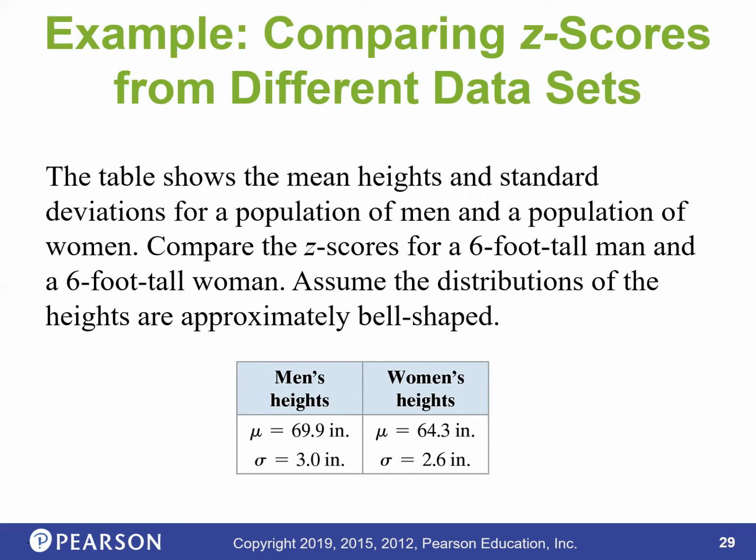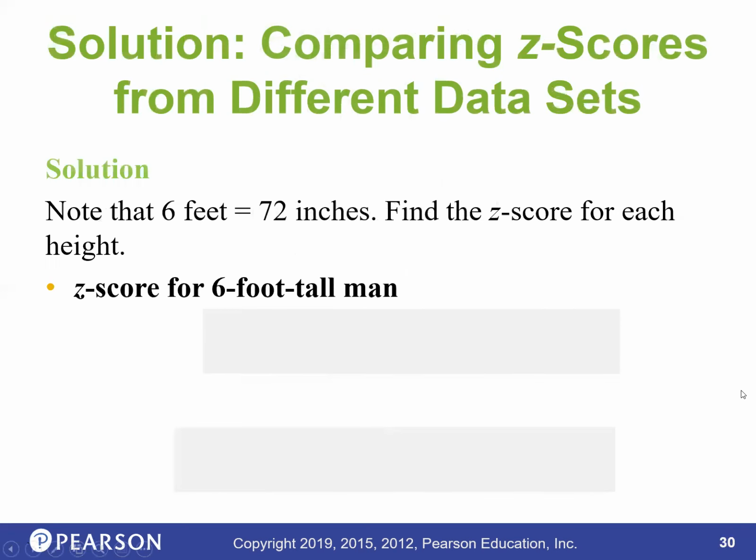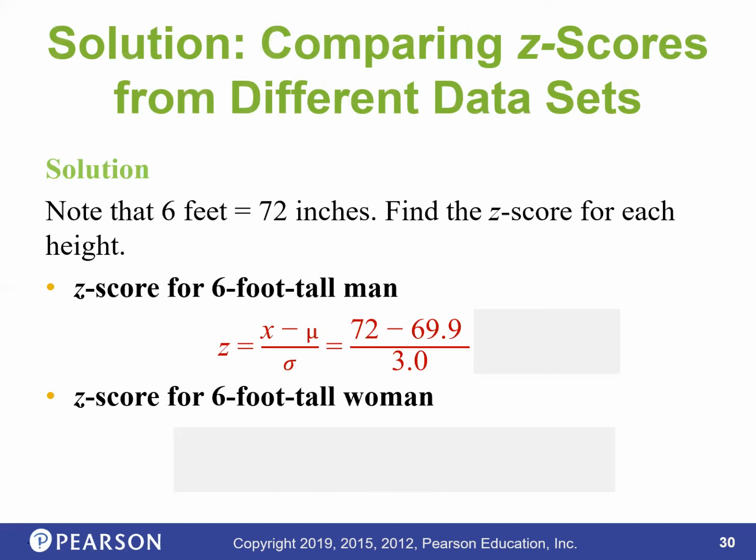So for the men's score, you should have 72 minus 69.9. Whatever you get for that little number, you can divide by 3. Anybody got that one yet? 0.7. Okay, we'll just leave that there for now.